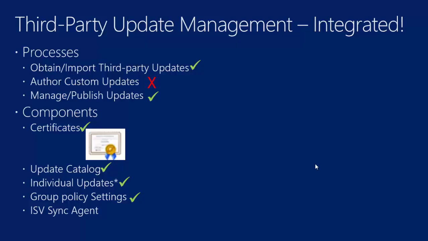But regardless of the settings for which products within a category you want to pull in, when you load that third-party catalog, when you subscribe to it, every single update in that catalog will be recorded and stored in WSUS, right? Again, this is no different, really, than what we do synchronizing our monthly updates from Microsoft anyway. This is not content, this is metadata only.